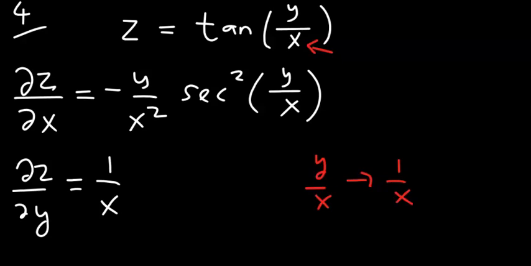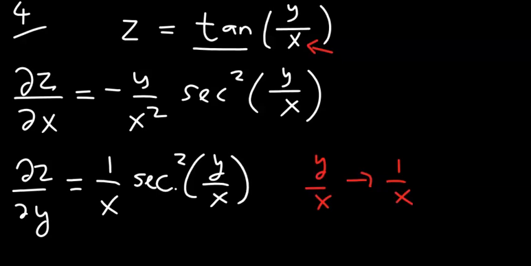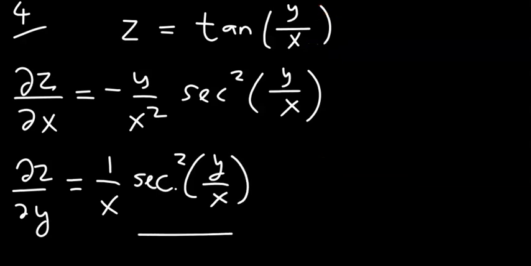And then, like before, you just take the derivative of tangent with respect to the argument, you get secant squared of that argument. And that's your answer. So when you're doing partial derivatives, it's important to note two things. The first is to recognize the variable that you're differentiating with respect to. And number two is to recognize all the other variables that are to remain constant.